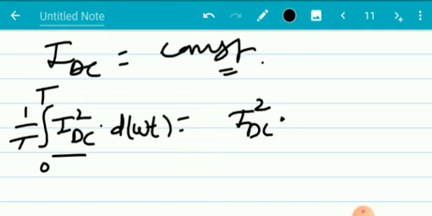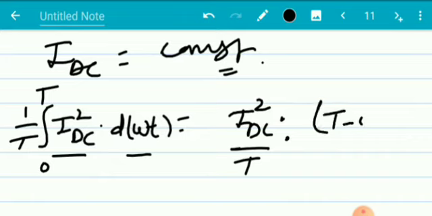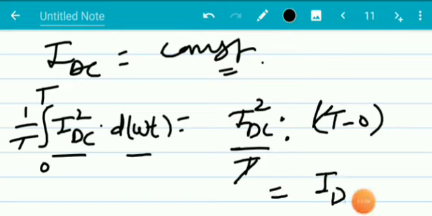IDC square by T into (T minus 0). If we solve the integration, T will cancel with T, and it will be equal to IDC square.